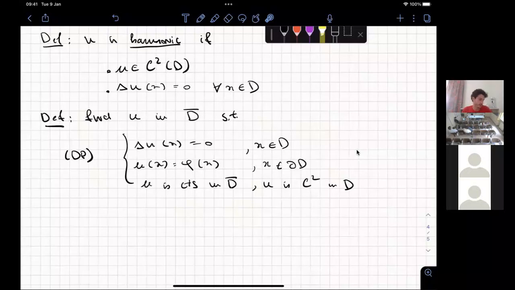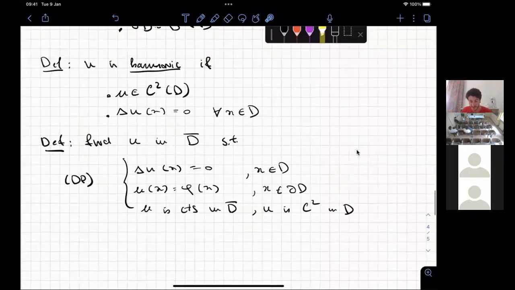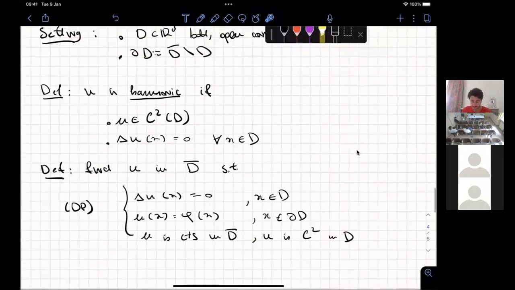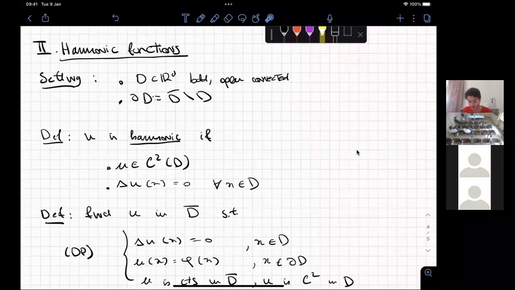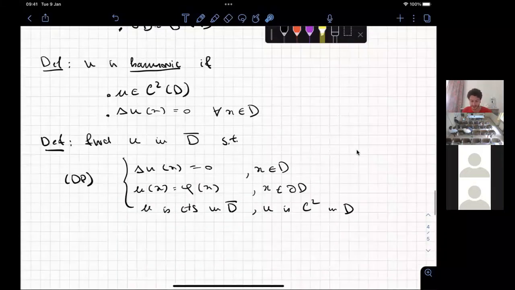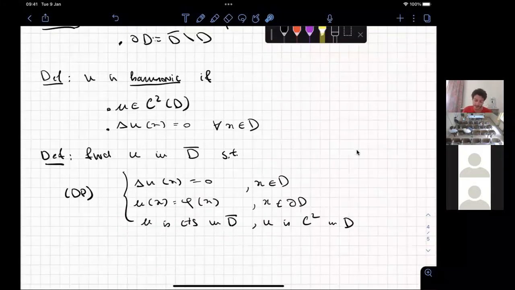And okay, so the last thing we need about harmonic functions is the fact that there is a nice way to characterize them from an analytical point of view. Since there are not too many PDE guys in the room, I won't stress it too much, since you won't notice that, hopefully.